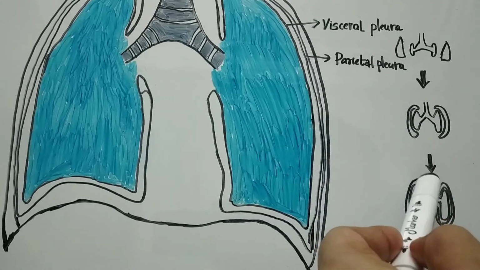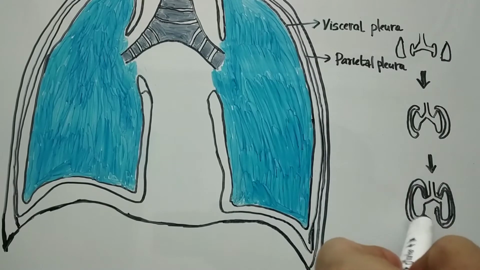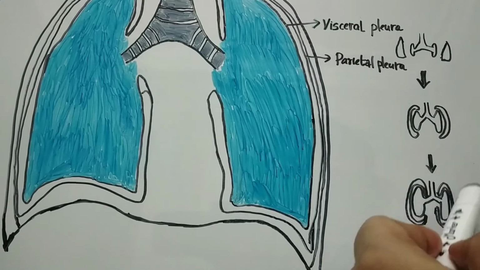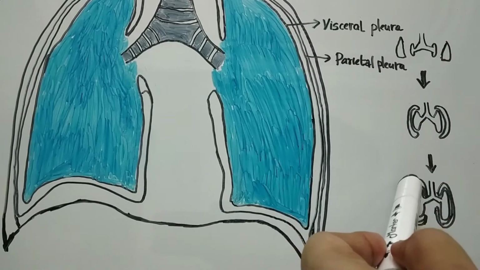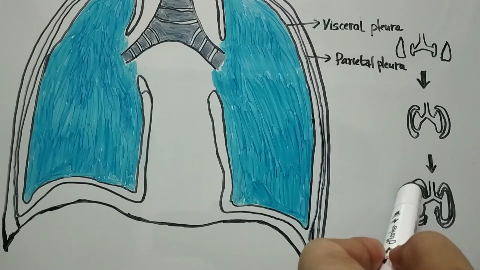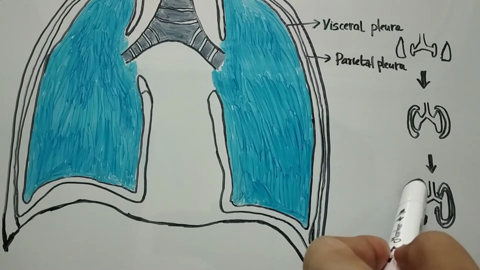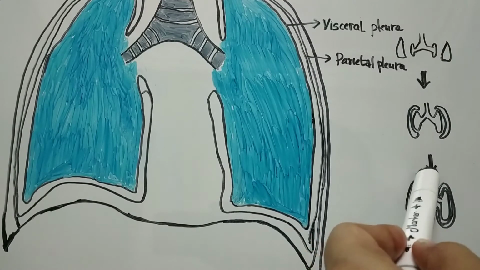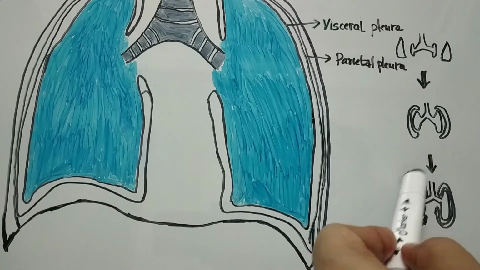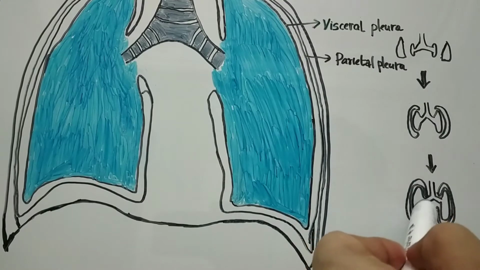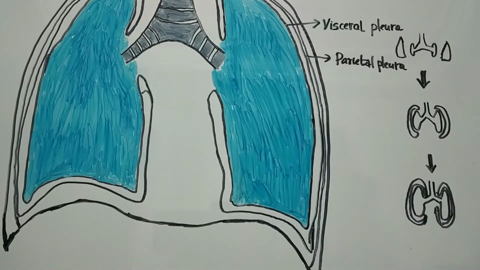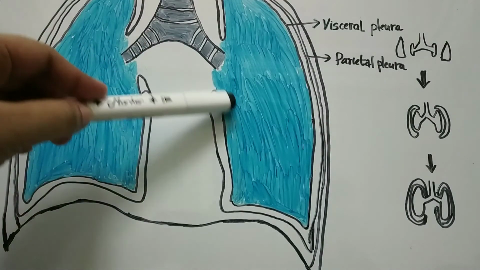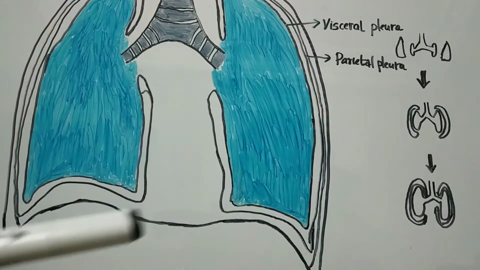So the pleura envelops both lungs. The inner pleura, the visceral pleura, becomes adherent to the outer surface of the lungs, and the parietal pleura is seen above. The visceral and the parietal pleura are continuous at the hilum.